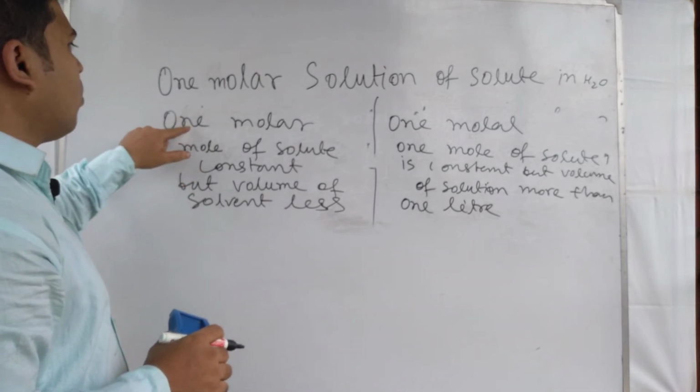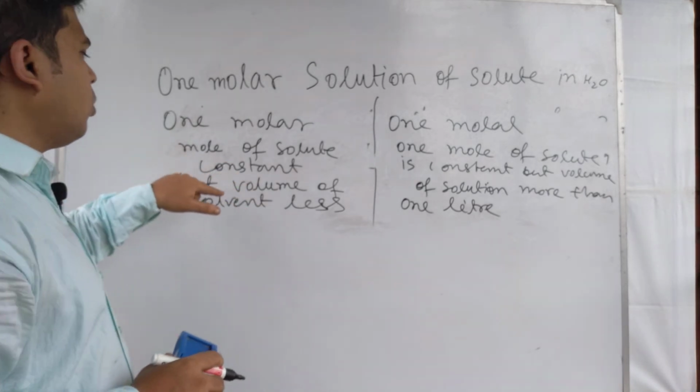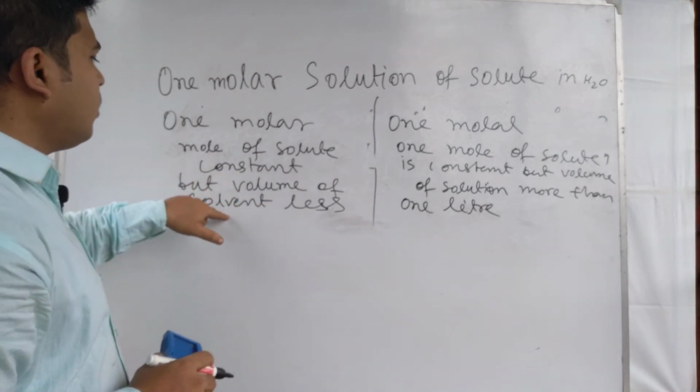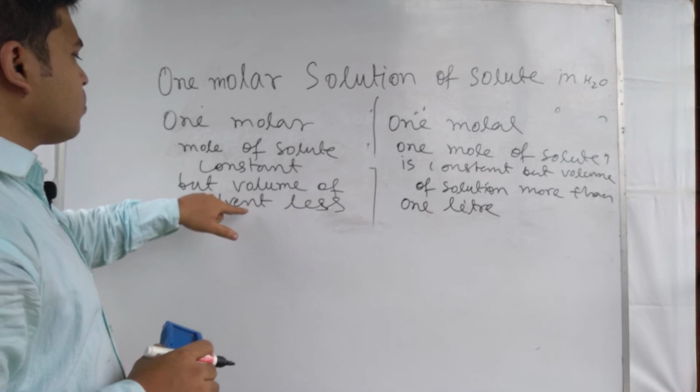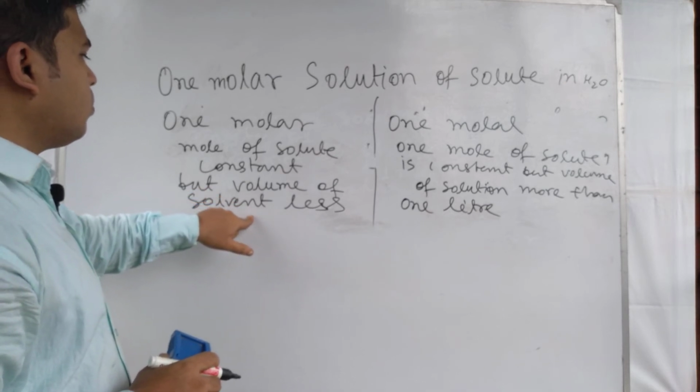So for the 1 molar solution, 1 mole of solute is present in a smaller volume of the solvent.